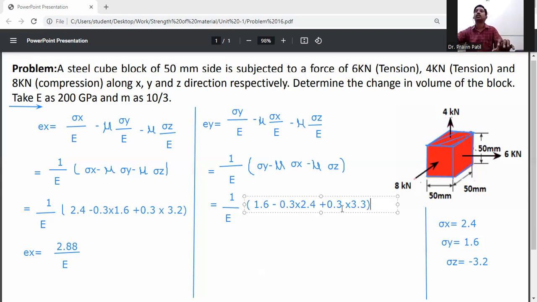So in y direction, ey is equal to 1.6 minus 0.3 into 2.4 plus 0.3 into 3.2, which will be 1.84 divided by E.